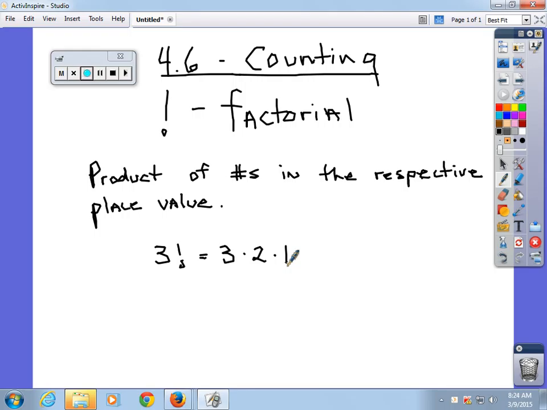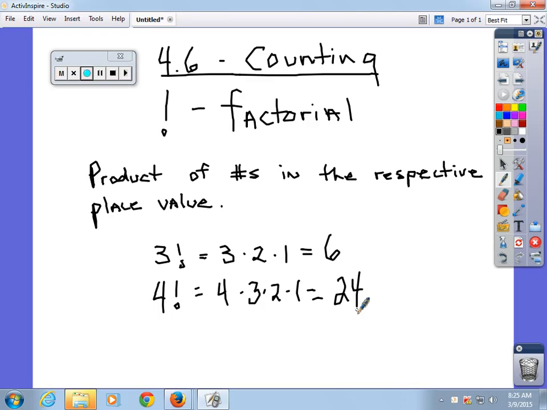3 times 2 times 1 is 6. Thank you, class. 4 factorial. 4 times 3 times 2 times 1, or 4 times 6 is, and basically you just keep multiplying by whatever value is not there.